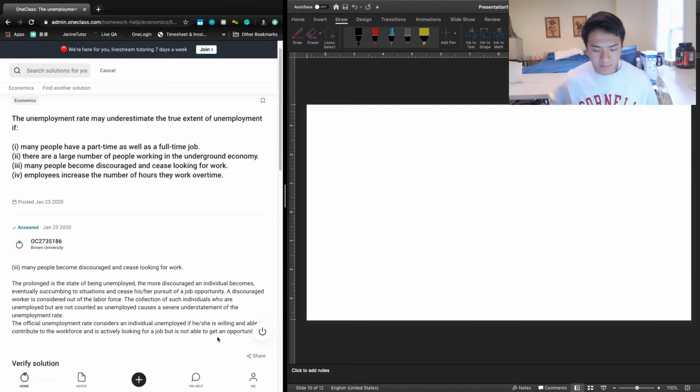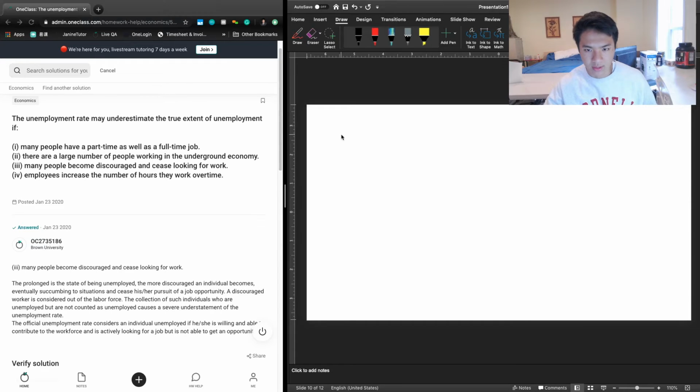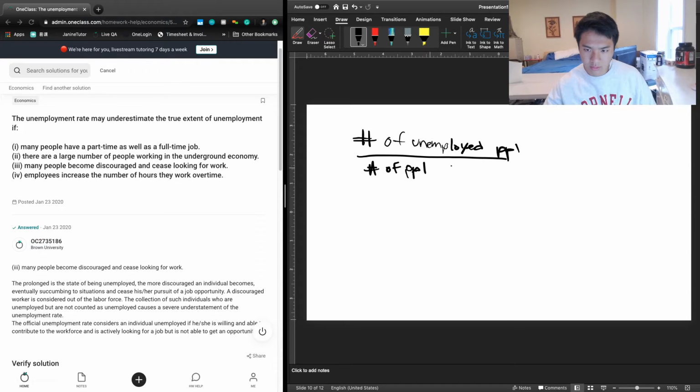The definition of unemployment rate is given by the equation: the number of unemployed people, not sure why the thickness changes, divided by the number of people in the labor force.